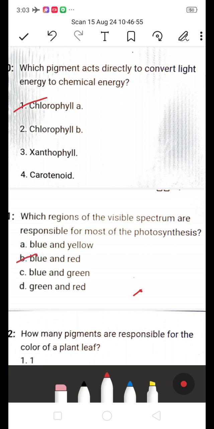This is the right option, because the light spectrum most effectively used in photosynthesis is absorbed at blue wavelengths, whereas red ranges from 680 to 700 nanometers. So blue and red are responsible for most of the photosynthesis. B is the right answer.